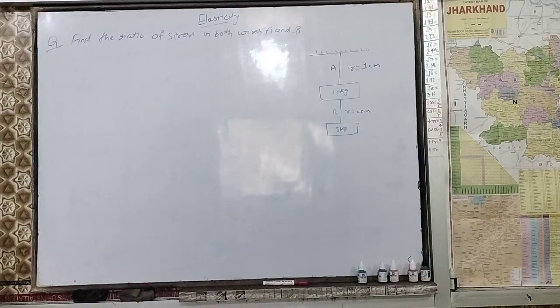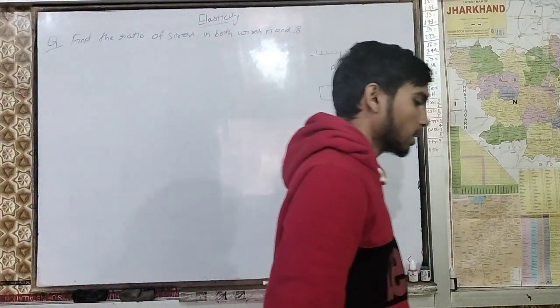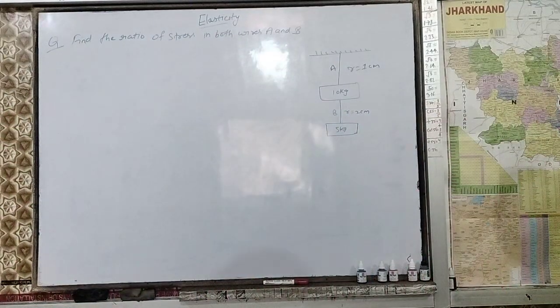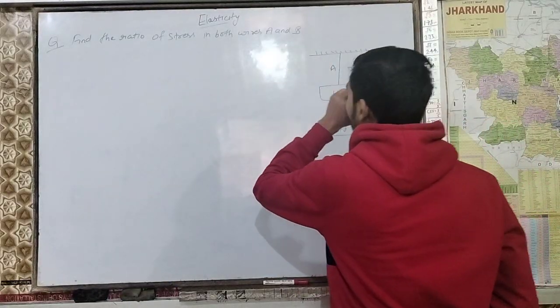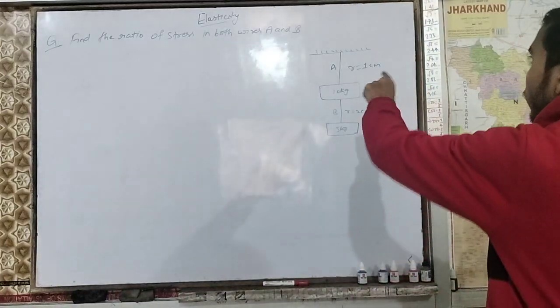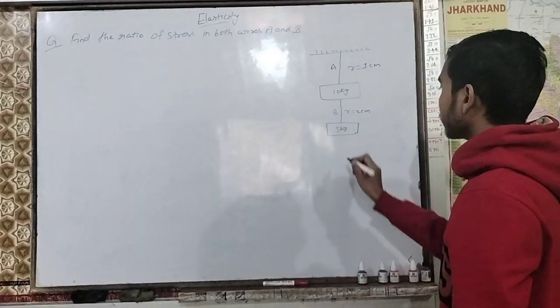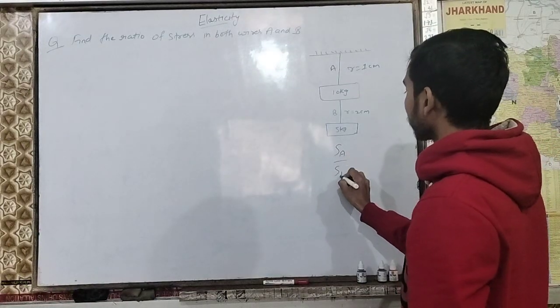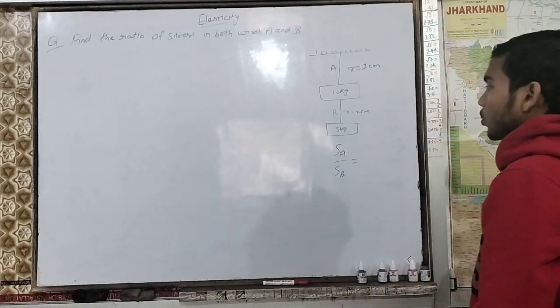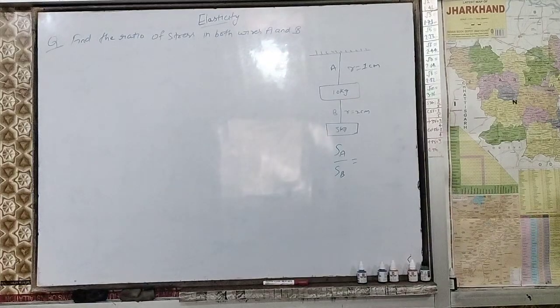It is asking to find the ratio of stress, again the stress of these two wires, wire A and wire B. This will be our ratio. Then we will use the formula for stress.